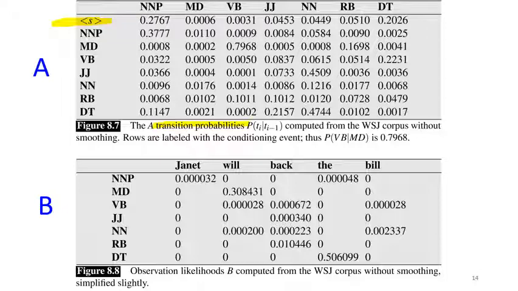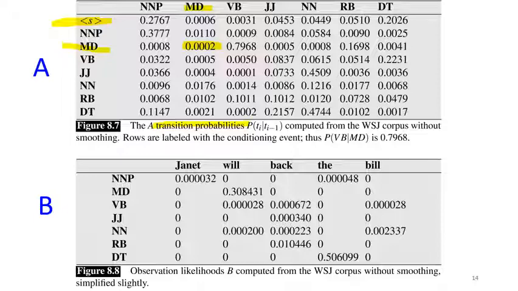So let's take an example. Let's say this point 0.002 means that if the previous tag is modal, the tag at this position is also modal, with the probability of 0.002.